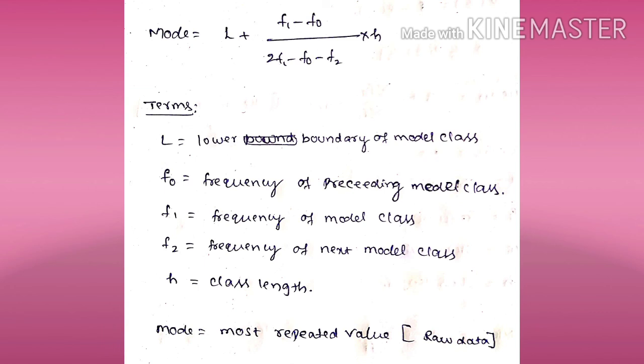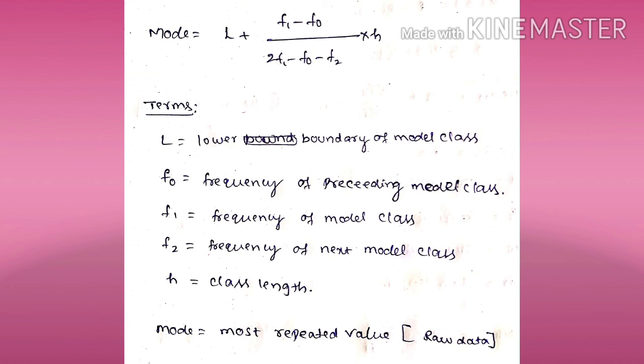Now the mode. Mode is equal to L plus F1 minus F0 by 2F1 minus F0 minus F2 into H. The terms are L is the lower boundary of the modal class, F0 is the frequency of the preceding modal class, F1 is the frequency of the modal class, F2 is the frequency of the next modal class, and H is the class length or size of the class.